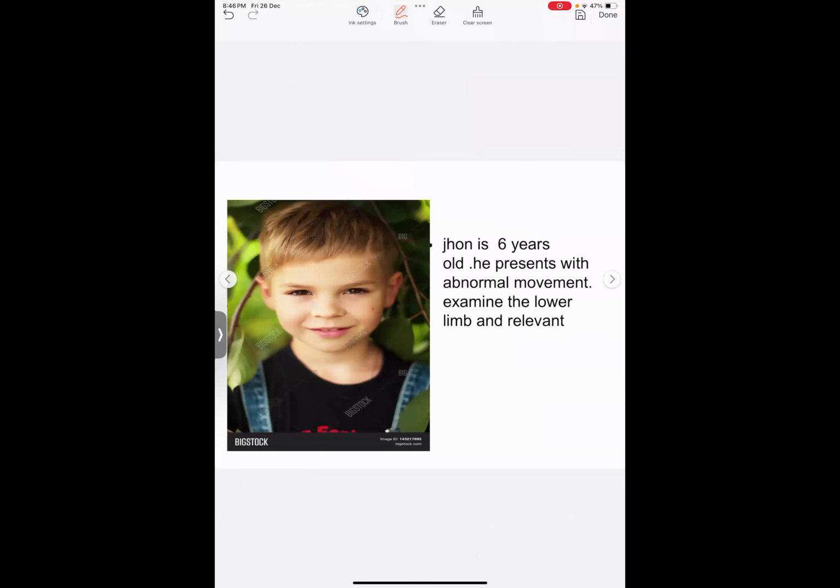How would you manage the case? Regarding management, I will take a full history and do investigations.